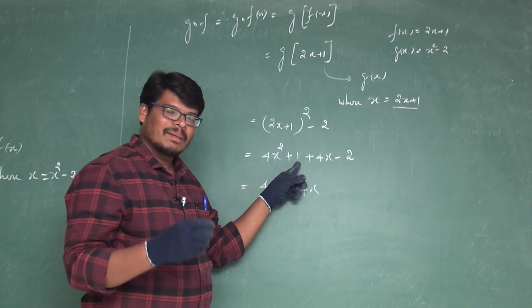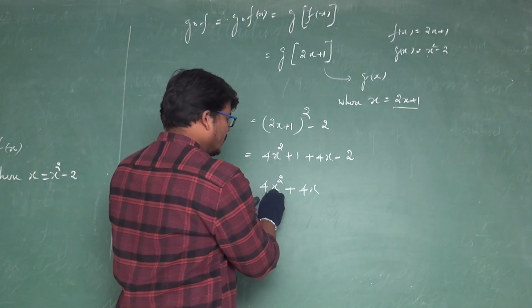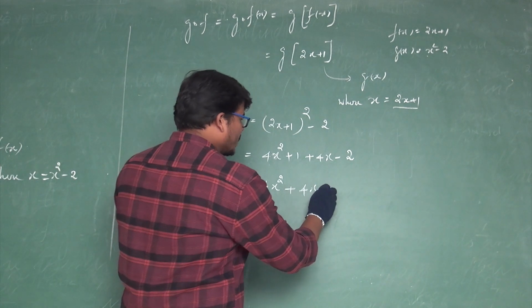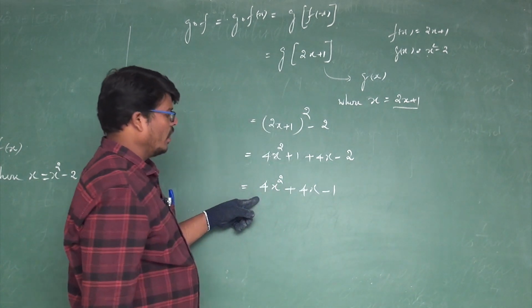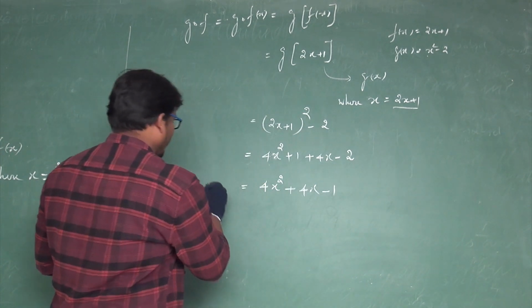Minus 2 plus 1 is minus 1. So 4x² + 4x − 1 is g∘f.